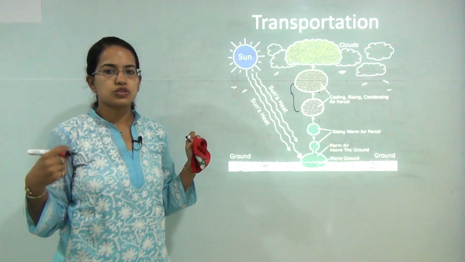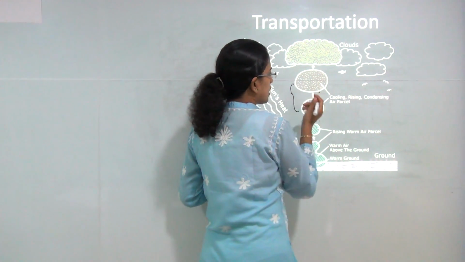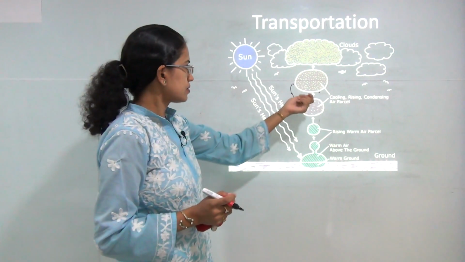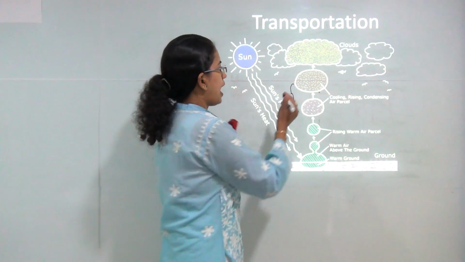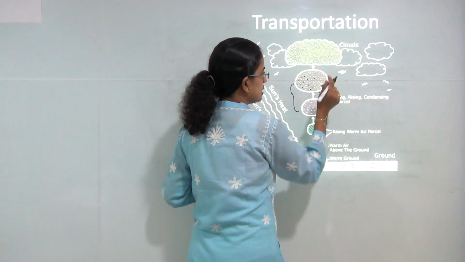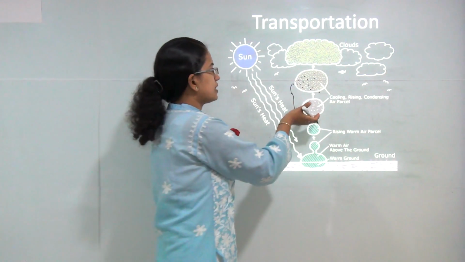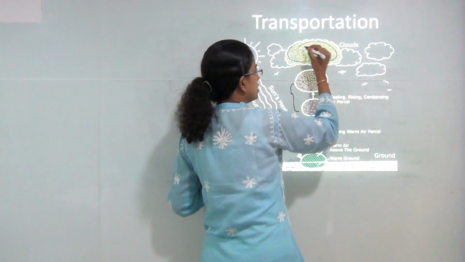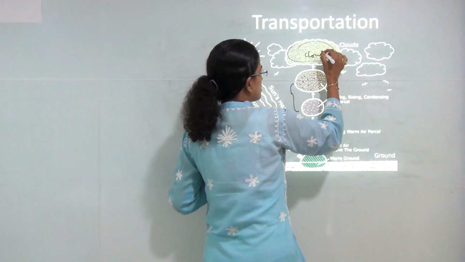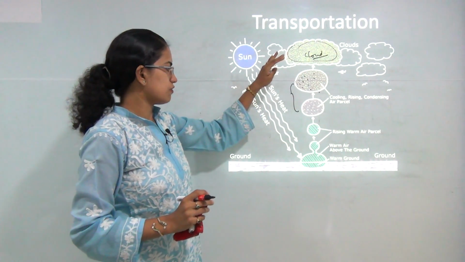As we have understood in the class on clouds, this rising parcel tends to accumulate moisture by condensation, and you can see the dots here which show the moisture present in the air parcel that is being cooled, and finally it moves up and forms the cloud. So this transportation process leads to formation of cloud.